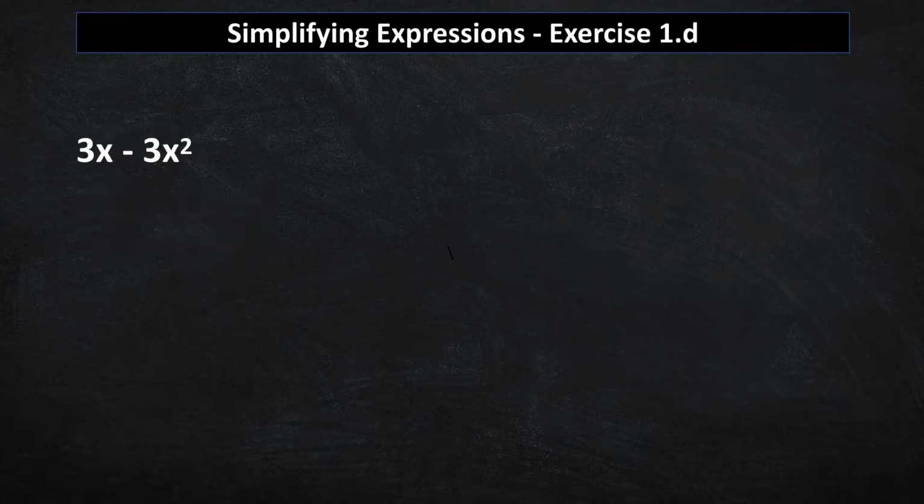Let's see another example. This expression is 3x minus 3x squared. This expression can also be rewritten in the following way: 3x minus 3x multiplied by x. And now we can find the common parts of the two terms that make up this expression, which is 3x.